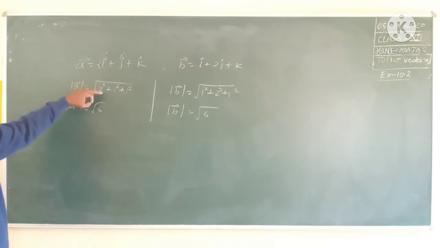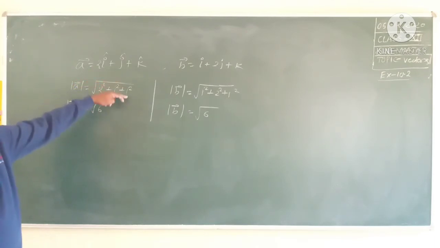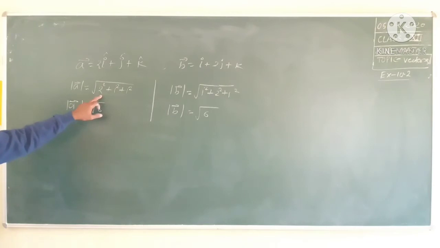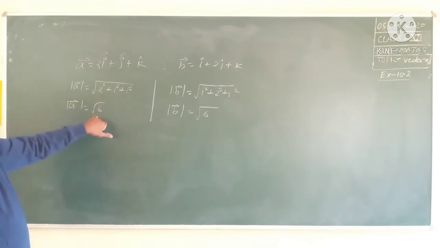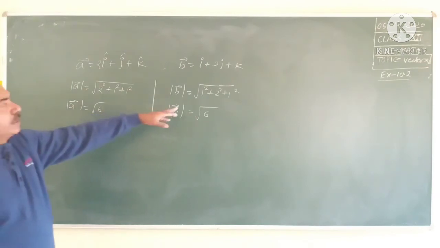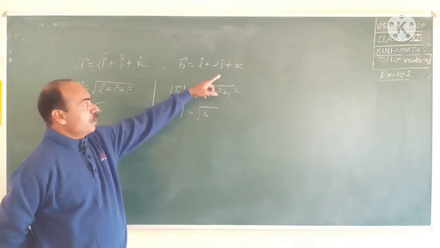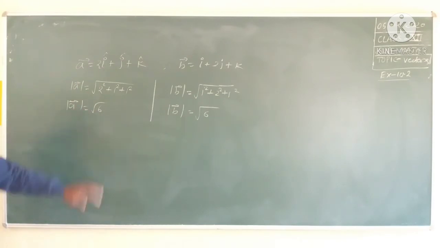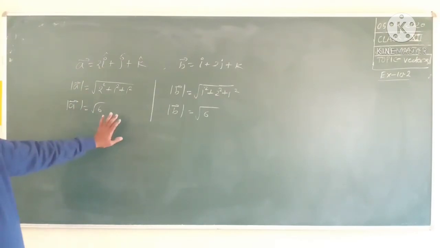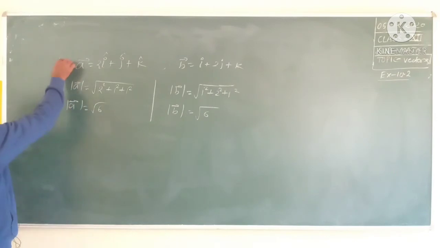So under root 2 square, 1 square and 1 square: 2 square is 4, 4 plus 1 plus 1 is 6, root 6. And same here, 1 square, 2 square and 1 square, so you will get root 6. So mod of A and mod of B are both equal. It means their magnitude is the same. This is question number 2.